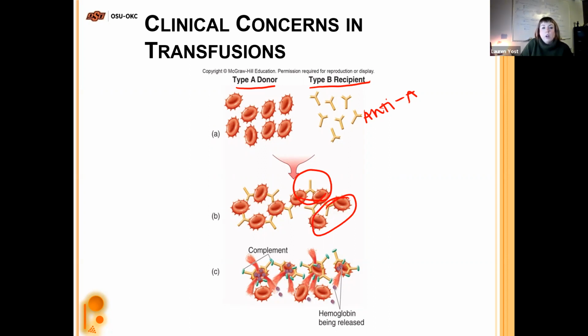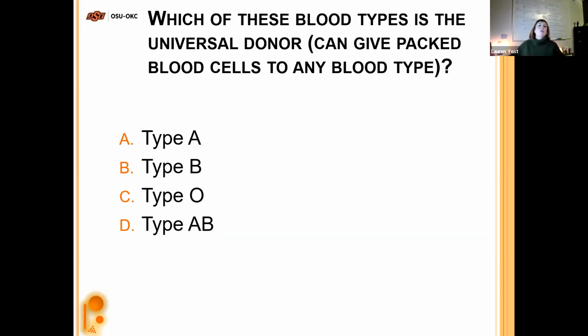Then what happens? We know what happens with antibody, right? Those 6 different things that it can trigger, it's going to trigger. And one of the things that's going to be going on is complement cascade. So we're going to be poking holes in all of these cells that you just put in here and releasing all their contents. It's going to eventually cause shock. We're releasing hemoglobin into the bloodstream, hemolysis, and all that. So it's deadly, can be.